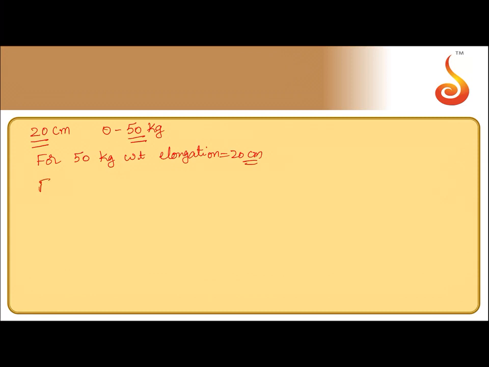So find k from this. We know that f is equal to kx. So k is equal to f divided by x, that is equal to mg by x. So m is what? 50 kg. g is 9.8. If you look at the options, you'll come to know 192, 129 are there, so take 9.8.